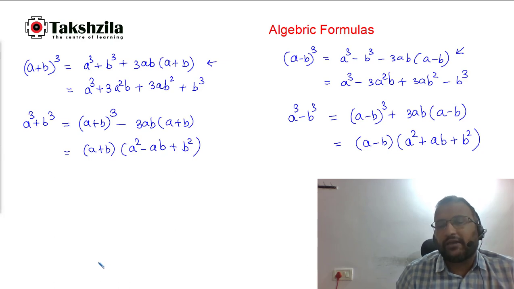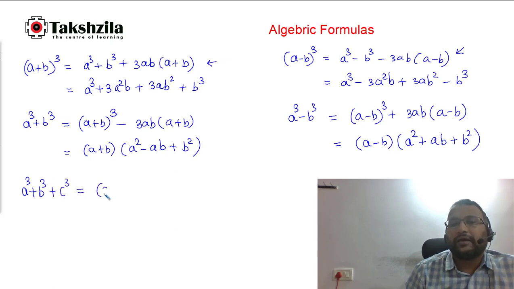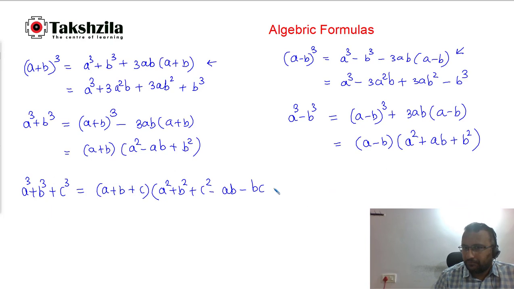Another formula that we can remember over here is a cube plus b cube plus c cube, which is equal to (a plus b plus c) in one bracket into, in the second bracket, a square plus b square plus c square minus ab minus bc minus ac, bracket close, plus 3abc.